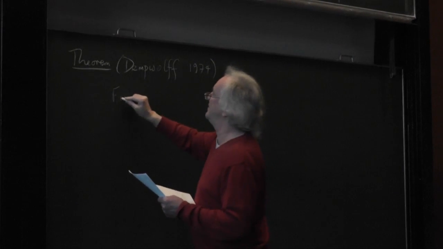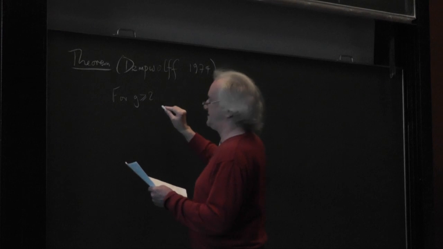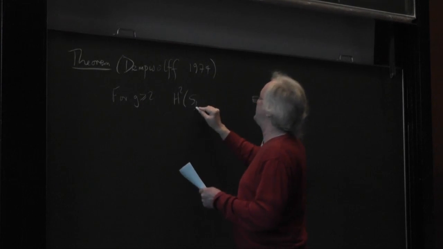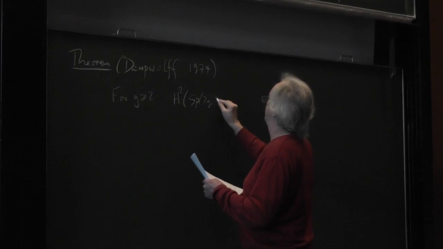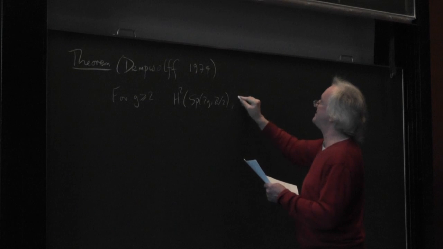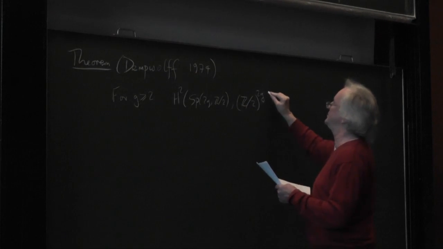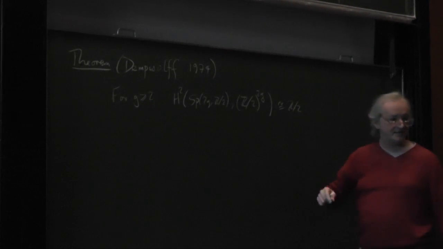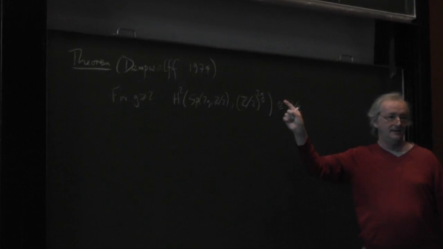So it turns out that for G at least 2, the degree 2 cohomology of SP 2G Z mod 2 with coefficients in this natural symplectic module, Z mod 2 to the 2G, has a unique non-split extension, is really what this is saying.